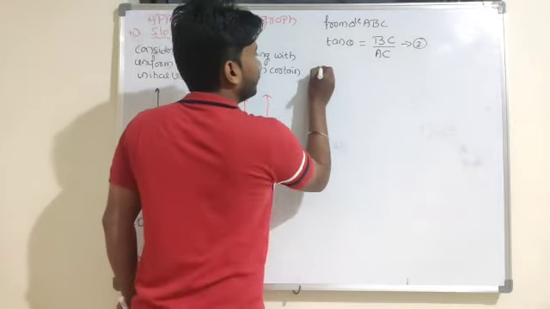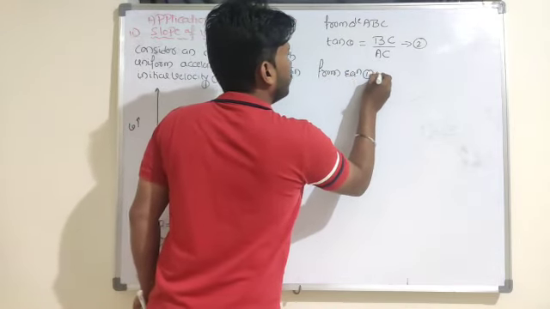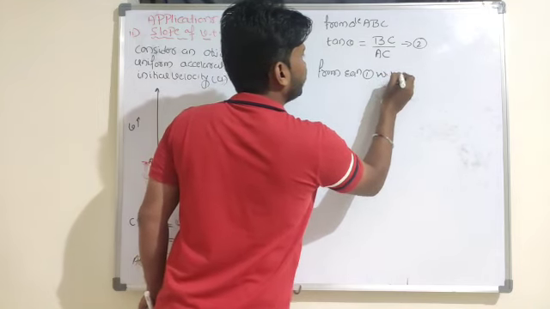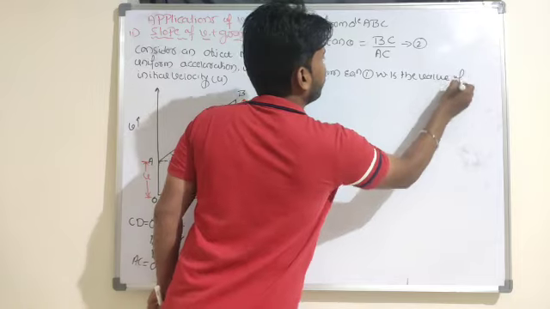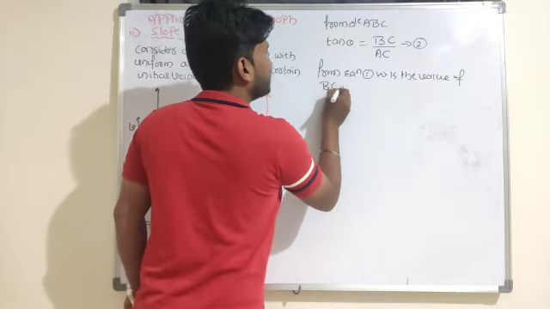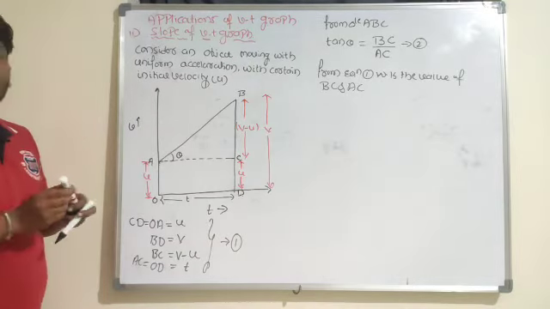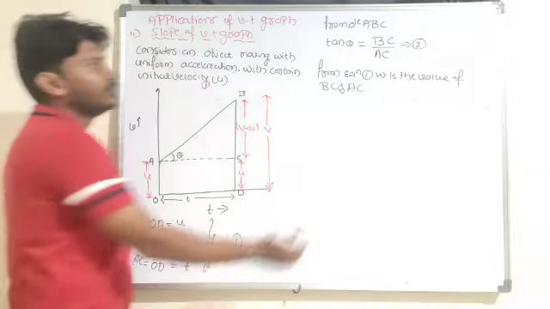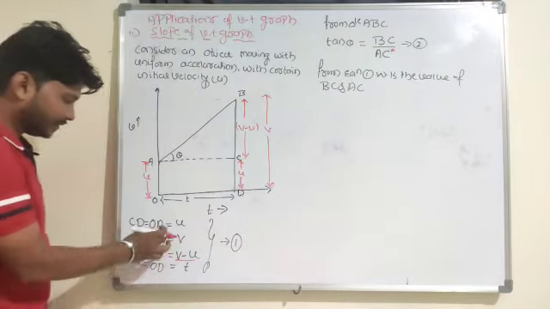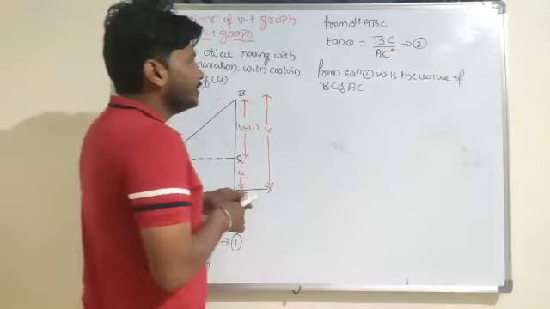Look here, from equation 1 we know the values of BC and AC. BC is v minus u, and AC is the time t.